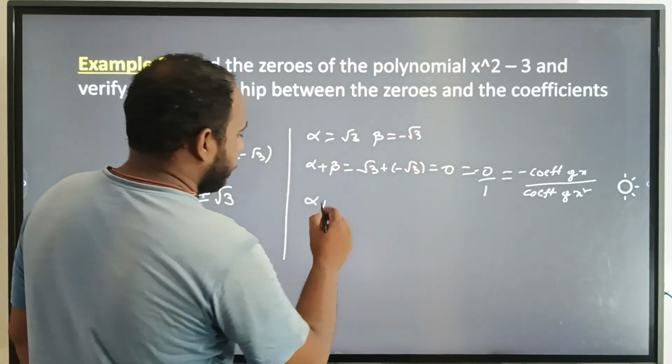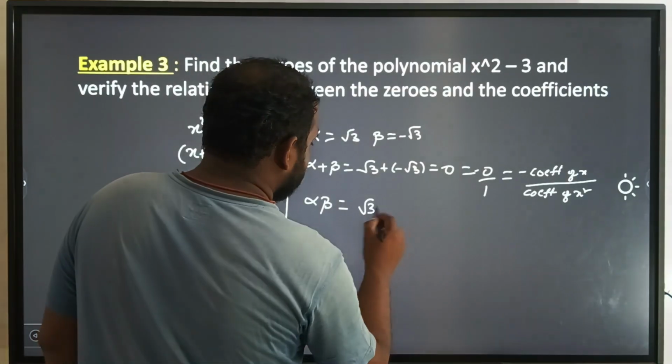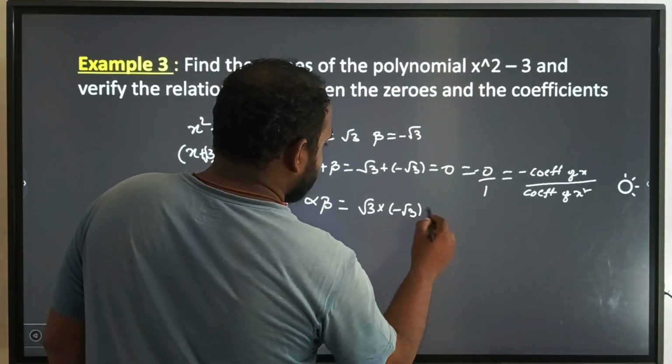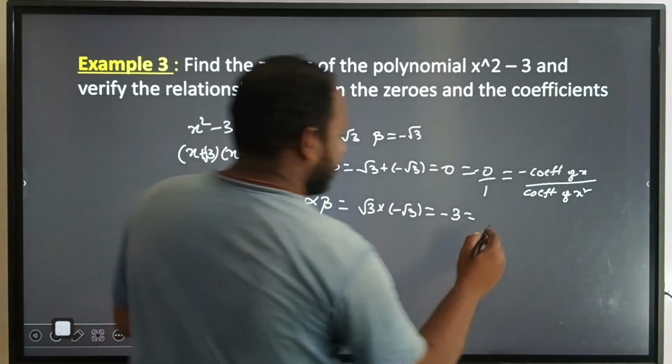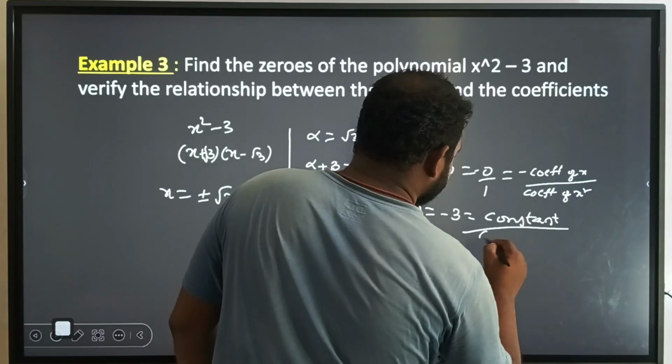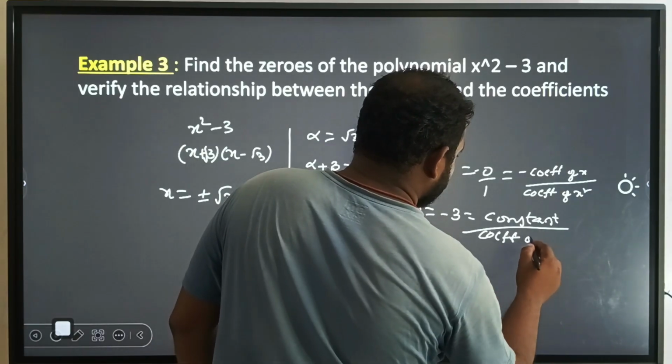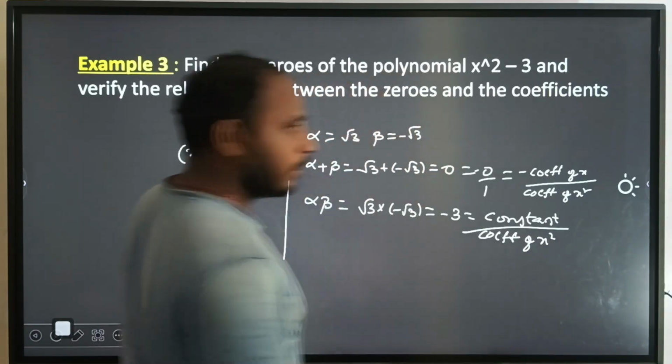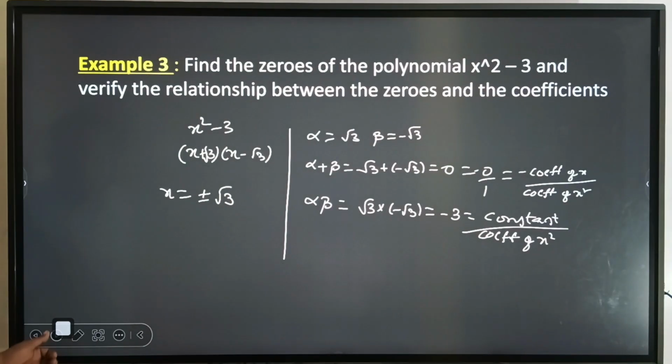Now alpha into beta, that means root 3 into minus root 3, which is equal to minus 3, which is equal to constant by coefficient of x square.